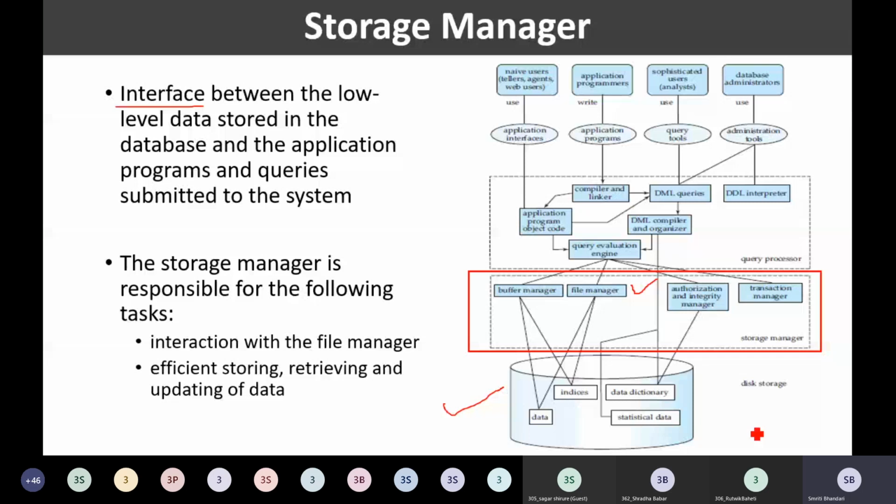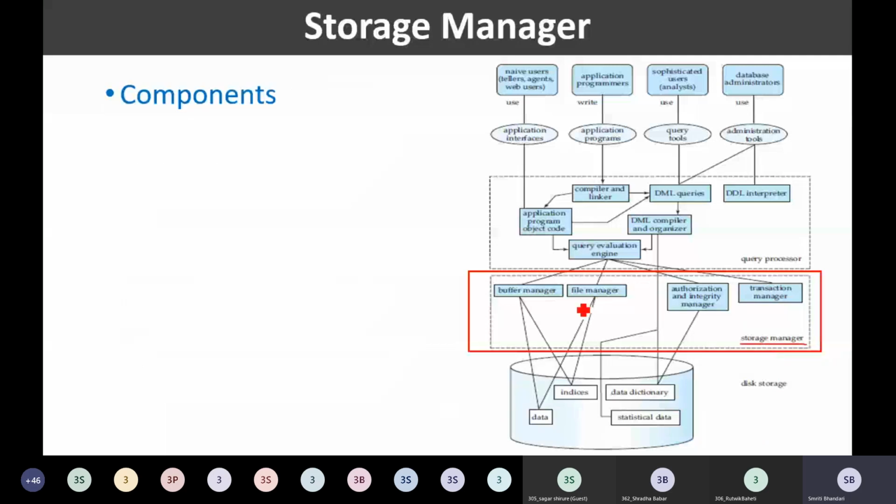As you can see here, there are four important components of this storage manager. What are those four? We can visualize them in this diagram.